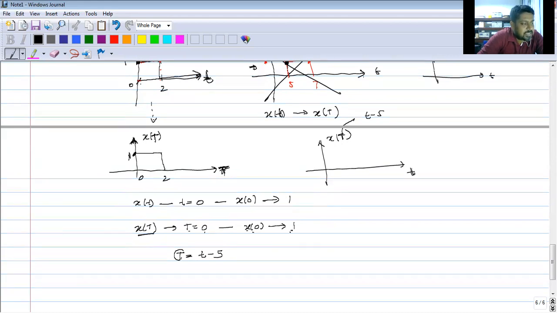Now the capital T is equal to 0, x(0) is also equal to 1. At that time, but we know we need to plot it with respect to t. So we have to find this point when this capital T is equal to 0 with respect to simple t.